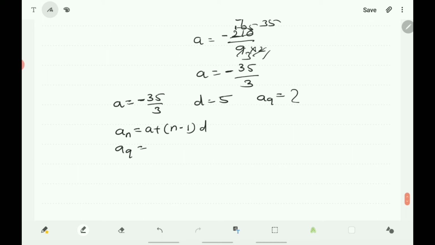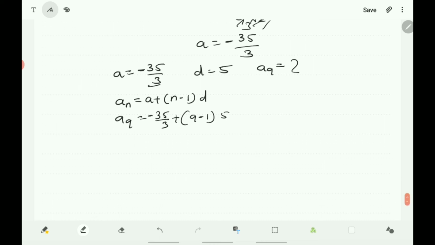That is, a9 is equal to minus 35 by 3, because a is minus 35 by 3, plus n is 9 minus 1, d is 5. So it is minus 35 by 3 plus, 9 minus 1 is 8, 8 fives are 40.